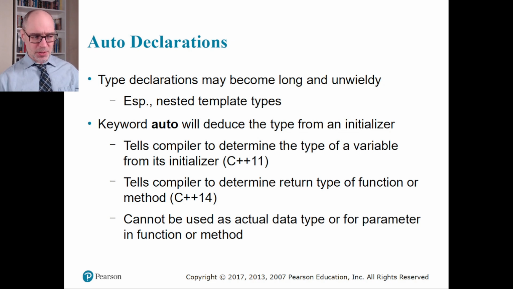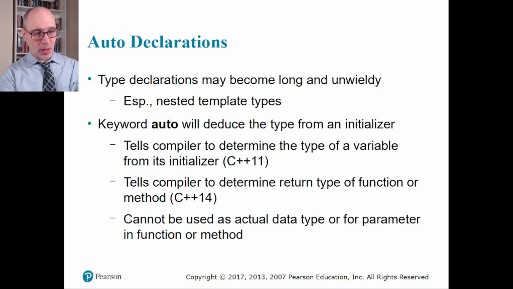So to be clear, auto is not a type itself. It's not changing how anything's stored, but in the code that you write, it's going to look at the right-hand side of the equal sign on the initializer, look at that type, and then come back and say, well, this variable we're making must be that same type. So auto automatically figures out the type of a newly declared variable.